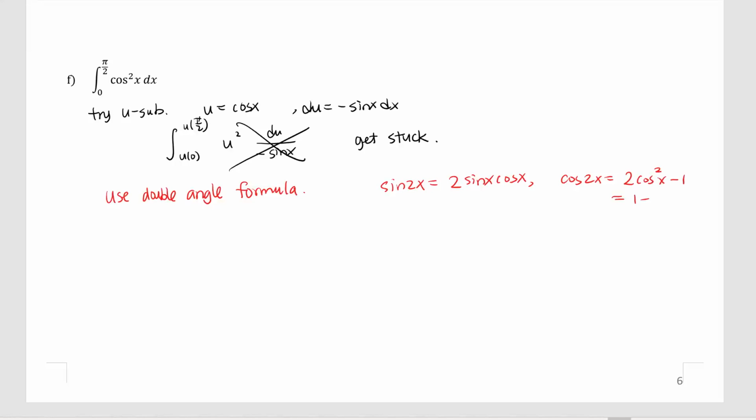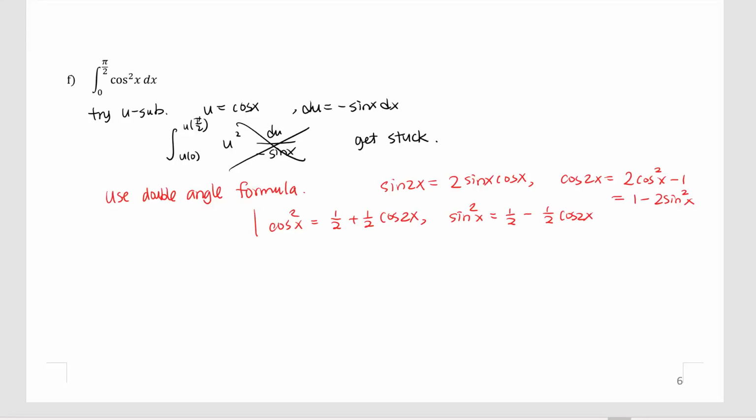It's also the same as 1 minus 2 sine x squared. Using this formula, you can solve for cosine squared, which is 1/2 plus 1/2 cosine 2x. Sine squared is 1/2 minus 1/2 cosine 2x.